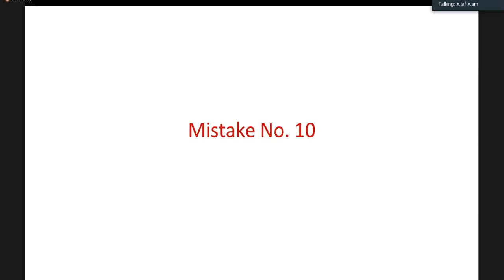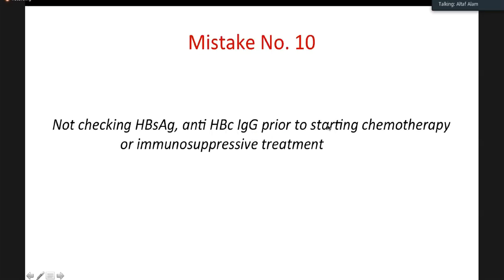Finally, I would just highlight this mistake: not checking HBsAg and anti-HBc prior to starting chemotherapy or immunosuppressive treatment. As I mentioned, some of these patients will develop activation of the disease, a very bad flare, and may go into decompensation and death. So always remember to do that.